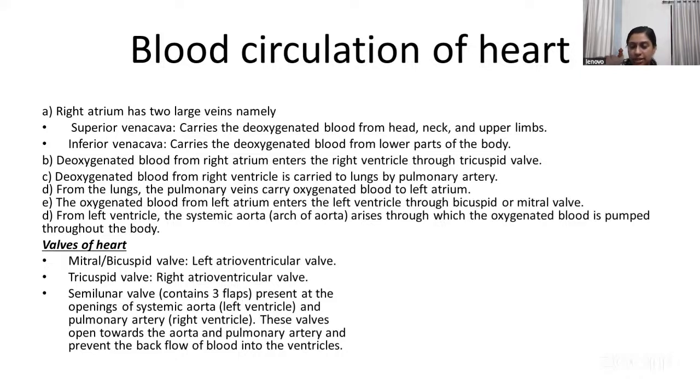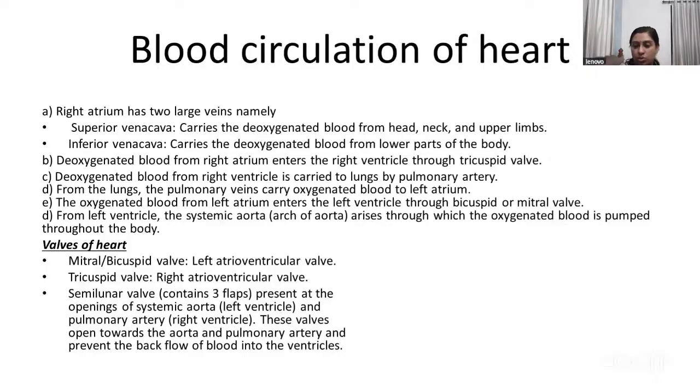After that, the atria contract, and via the tricuspid valve, this atrium is communicating with the right ventricle. From the right ventricle, the pulmonary artery carries the deoxygenated blood that has already been received from the superior and inferior vena cava. From the atria, it is transmitted to the ventricle, and from the ventricle, the pulmonary artery carries the deoxygenated blood from the heart to the lungs.